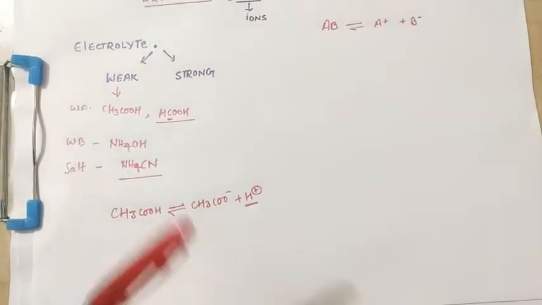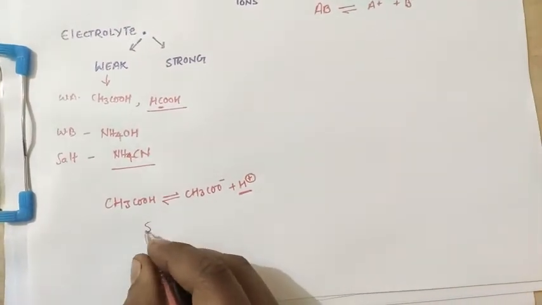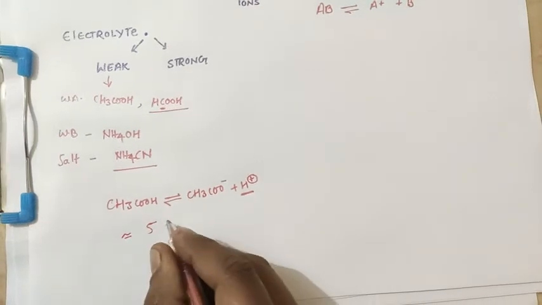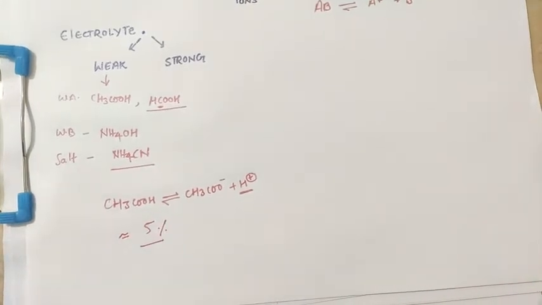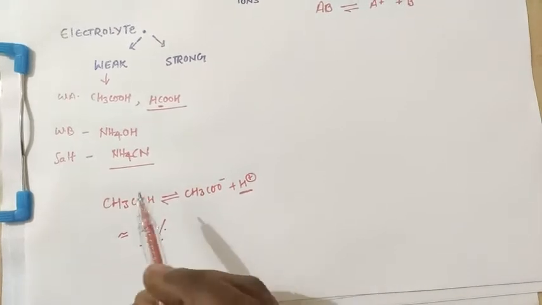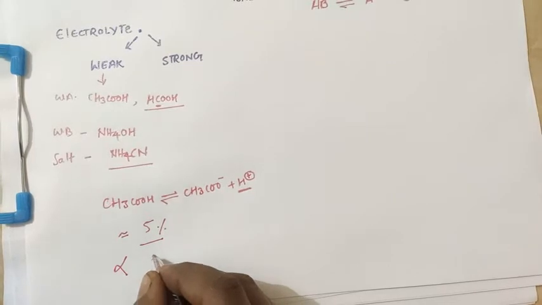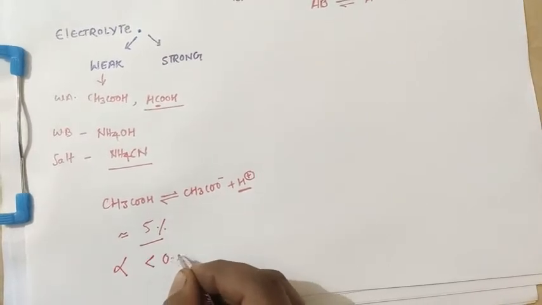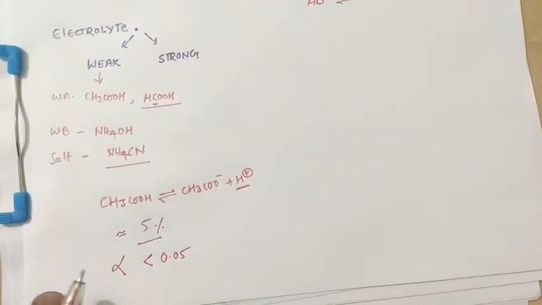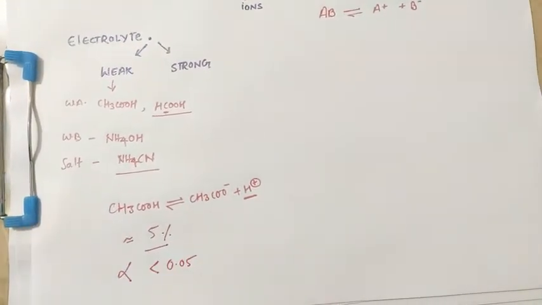In case of a weak electrolyte, the dissociation will be at maximum approximately 5%. So the degree of dissociation, alpha, is approximately less than 0.05. This is the case of a weak electrolyte.